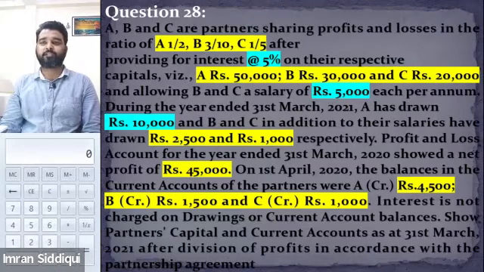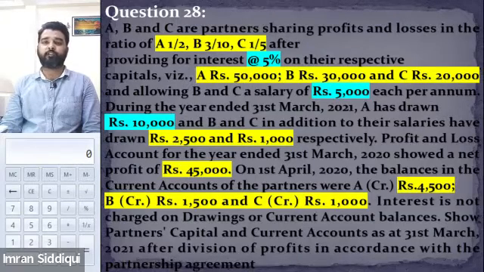And if the question does not specify anything, or the question specifically says that drawings have been made out of the profit generated by the firm, such drawings will be recorded under the partner's current account. So in case of drawings, the situation will be specifically mentioned in the question. If drawings were made out of profit, it should be given in the question.